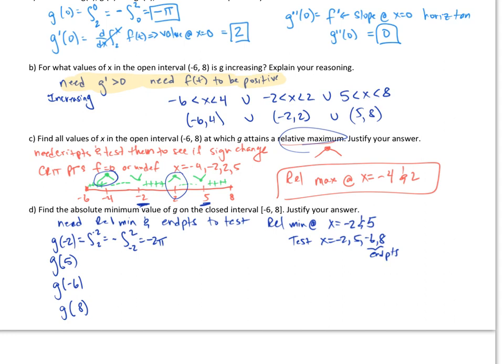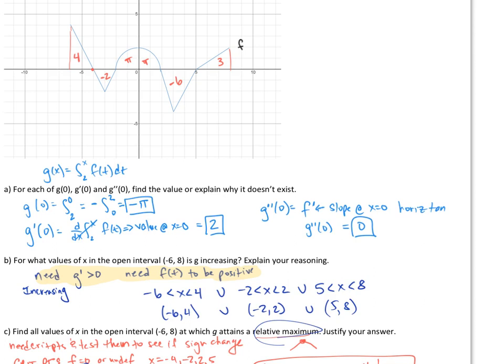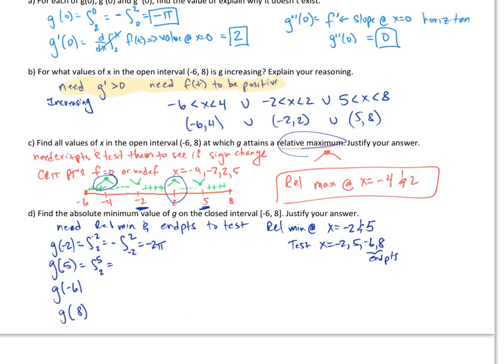All right, for the next one, we need from 2 to 5. Well, again, I'll just show you, from 2 to 5, that's going to be right here, and that's going to be -6. So this ends up being -6. And then I'm going to do the same process at g of -6.